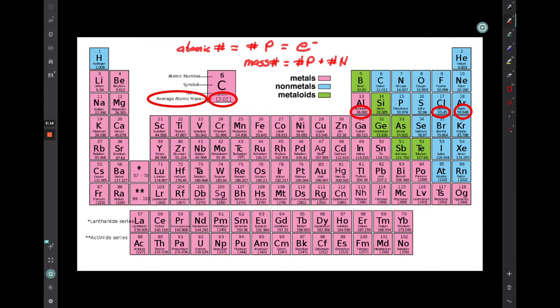Protons and neutrons make up nearly all of the mass of the atom. So the mass number is a combination of the mass of the protons and the neutrons. So when you look at the box on a periodic table, the top number, the atomic number, tells you the number of protons, and that's equal to the number of electrons. The bottom number minus the top number will tell you the number of neutrons.